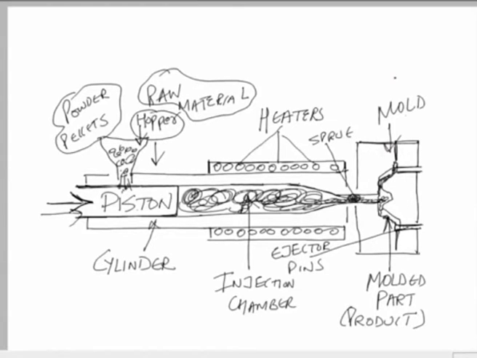One half of the mold would be in contact with the cylinder, and the other half of the mold would be movable. So the cavity which is generated between the two halves of the mold would be filled by the molten plastic under pressure by the piston, and the two halves of the mold would remain closed until the plastic has solidified and it has taken the shape of the mold cavity.